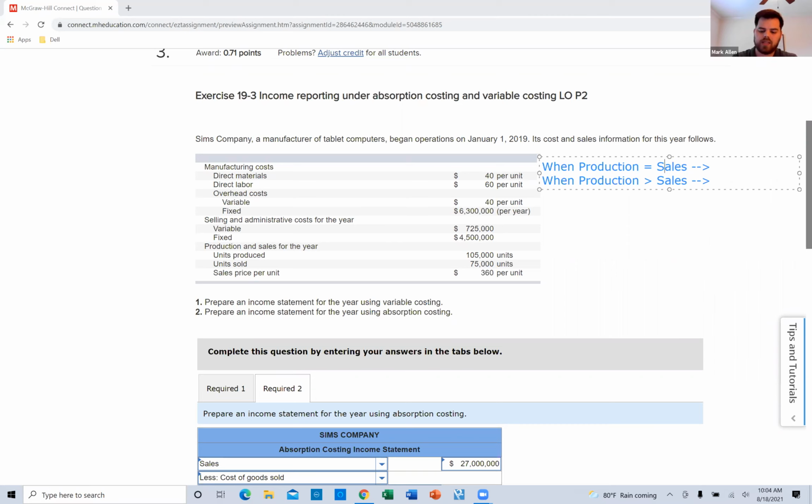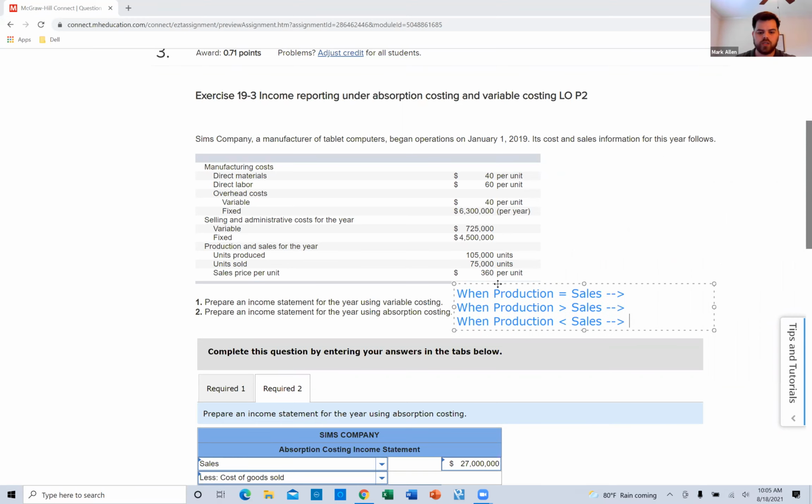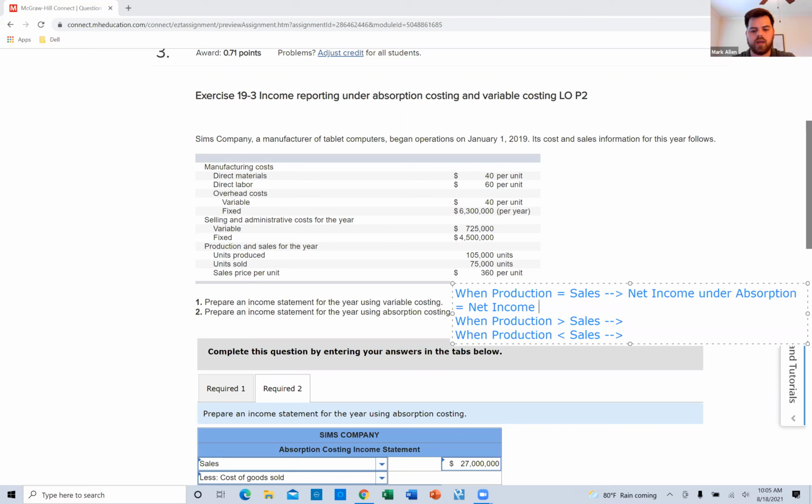And then of course, the last situation would be when production is less than sales, the following is true. So these are the three situations we are looking at. When production equals sales, then net income is the same. So net income under absorption equals net income under variable.